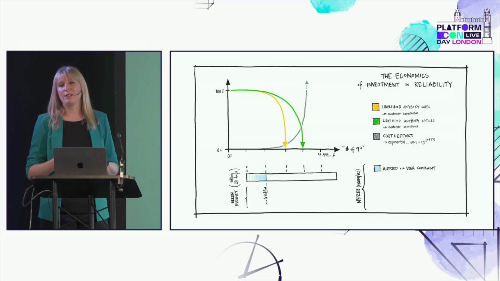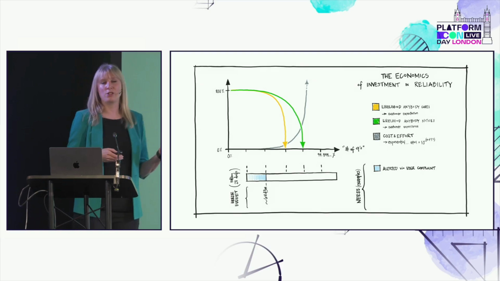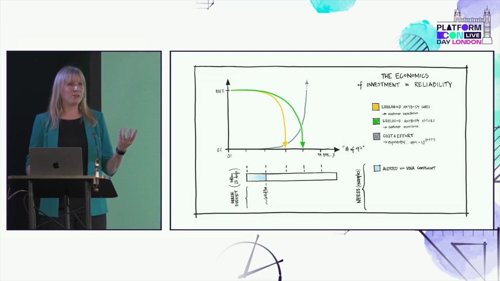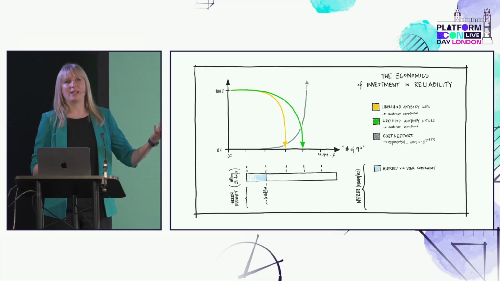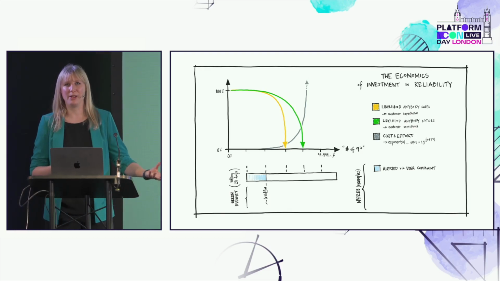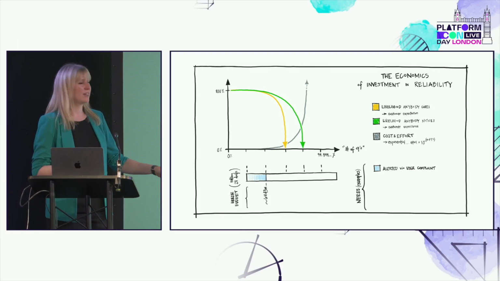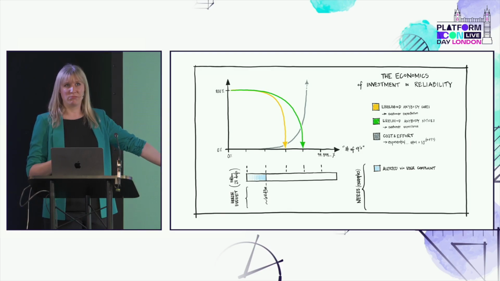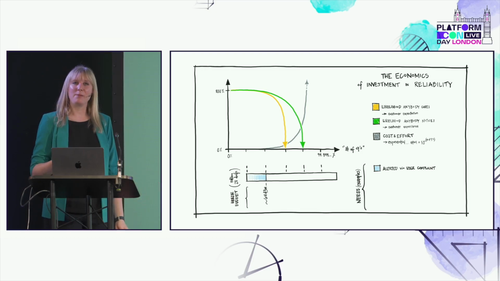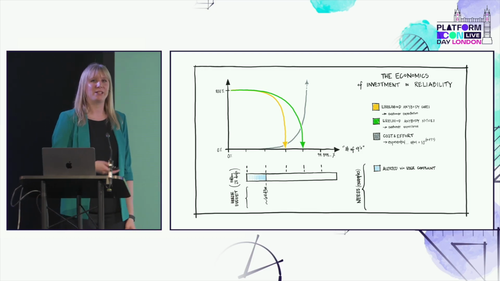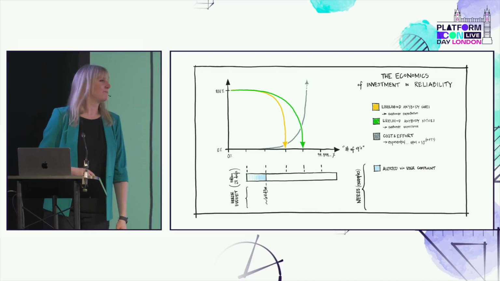And this may be absolutely sufficient for an internal-facing tool where your users are only online at certain times of the day, or where the work is very asynchronous and people can come back to it. There might be minimal business impact of a day outage. And that's the reality. And actually, the amount of time and effort you invest in the reliability of that service might not be worth it.